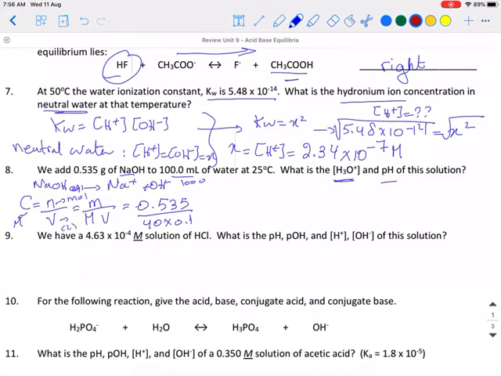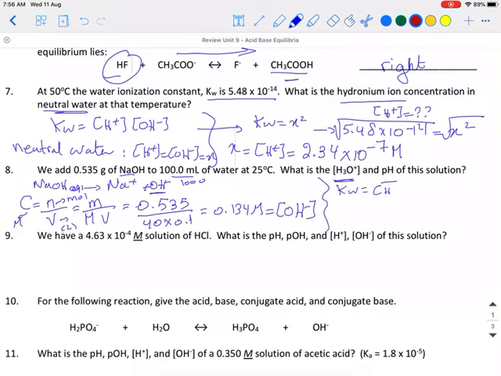Because here the concentration is molar, the number of moles over the volume, which should be in liter or decimeter cube. So the concentration will turn out to be 0.134 molar up to 3 significant figures. This is the concentration of NaOH. Since it is a strong base, it means it's the same concentration of OH minus.